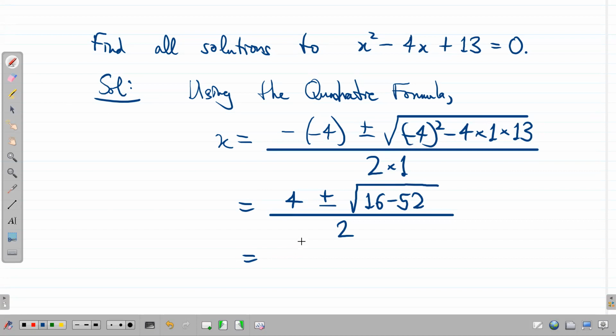16 minus 52 is -36, so we've got 4 plus or minus square root of -36 over 2.